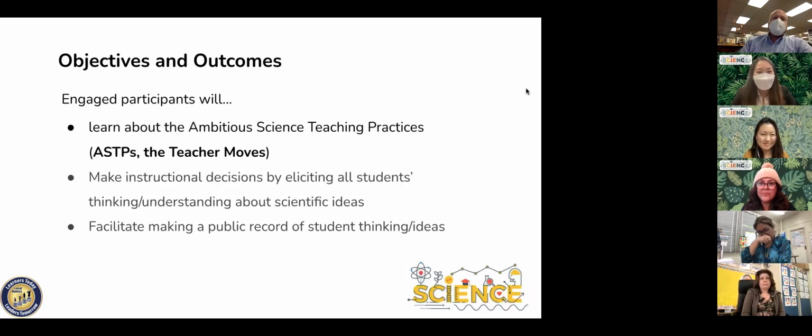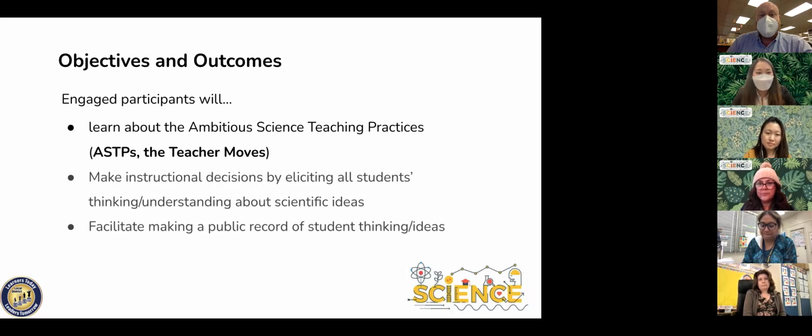So we want to take where you're at, which is doing really good science in your classroom, and take it to the next level. What are we doing today that's going to help us accomplish that? Today we're going to learn more about the ambitious science teaching practices, otherwise known as the ASTPs or the teacher moves.